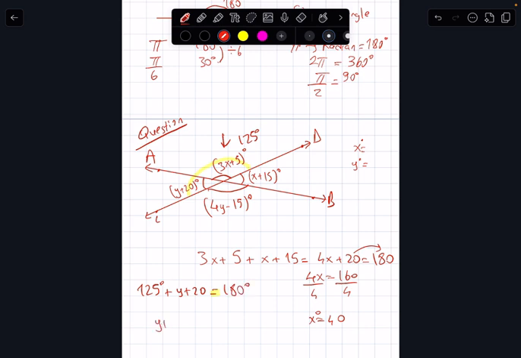So y, just leave y alone, take it to the other side, 160, and again subtract 120, 40. So y is also 40, okay? Am I right? No, my bad. It was 125. So 35.